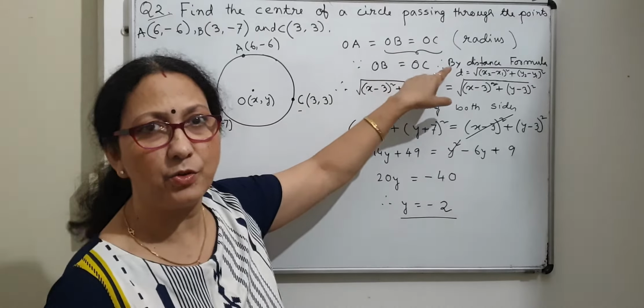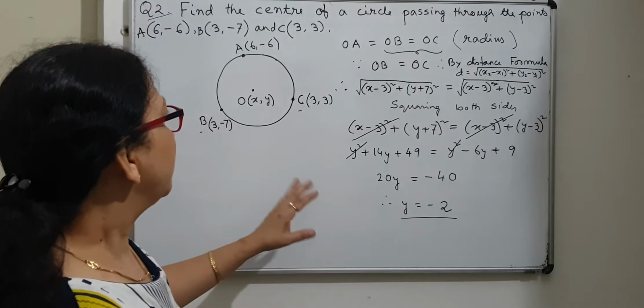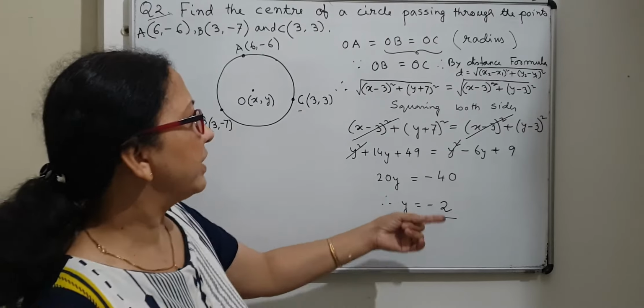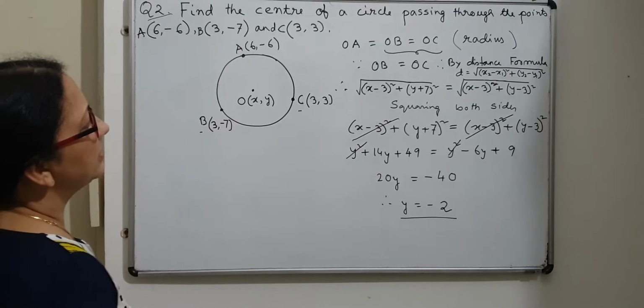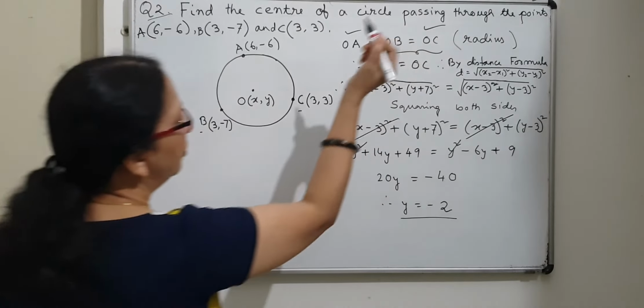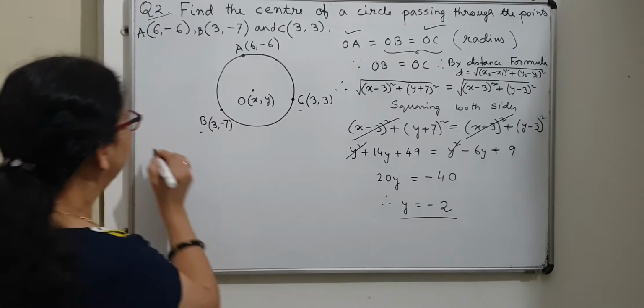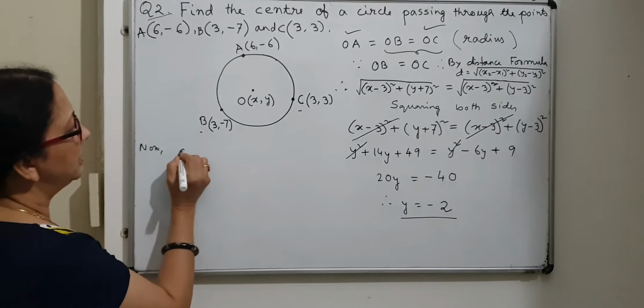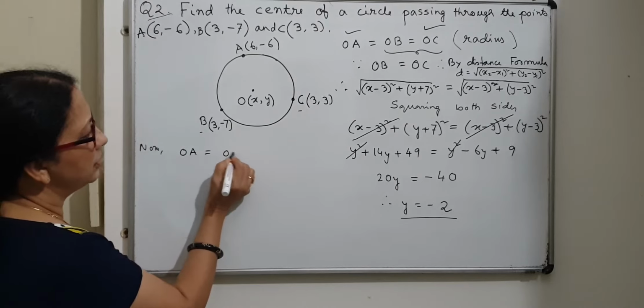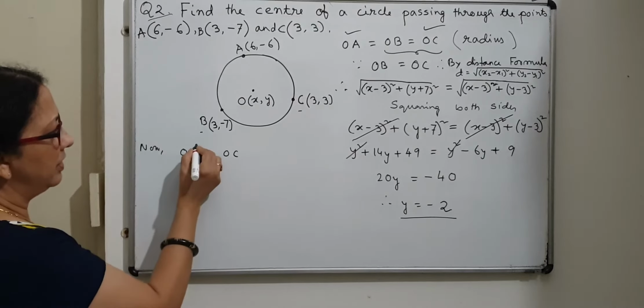I have chosen OB is equal to OC. Now for finding the value of x, I have to take another pair. I can take OA and OC, or OA and OB, anything. Now I am taking OA is equal to OC, or their squares will be equal.